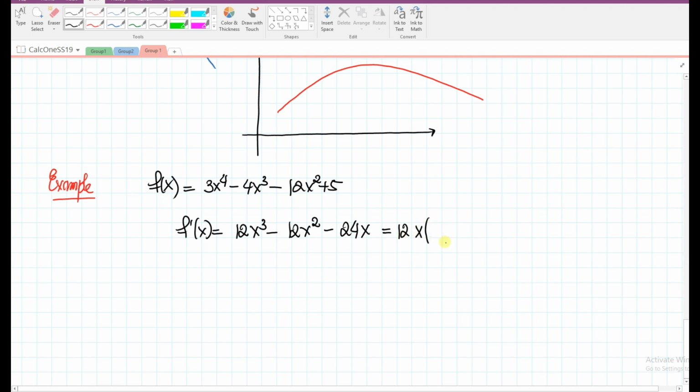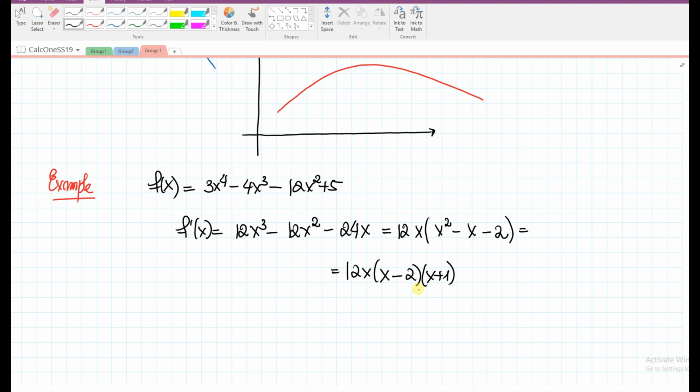What is left is x^2 minus x minus 2. So we can write this as 12x(x minus 2)(x plus 1). In which three x values does this function become 0? When x is equal to 0, when x is equal to 2, and when x is equal to minus 1.